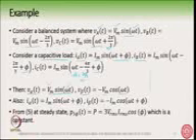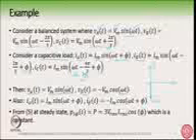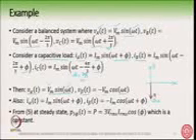Because this is alpha, this is beta, and at omega t equal to 0 the vector is here. So this equation tells us the vector Vr at omega t equal to 0. That is why it is minus Vm cos omega t.